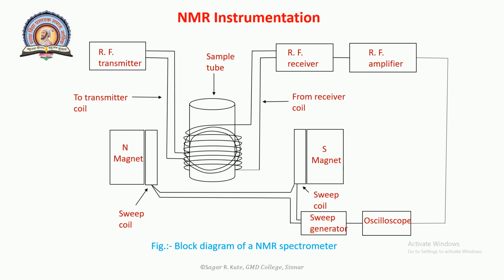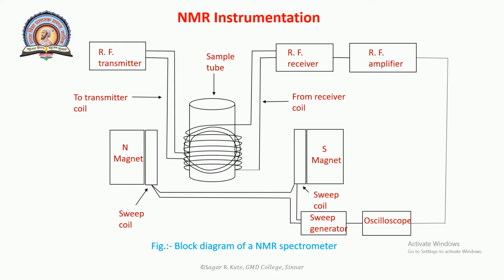Its axis is perpendicular to both the magnetic field and the axis of the transmitter coil. The transmitter and receiver coils and the sample holder are concentrated into a single unit called the probe. To obtain the necessary small magnetic sweep field, a sweep coil built into the NMR probe is used.